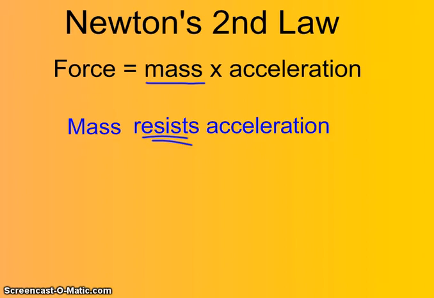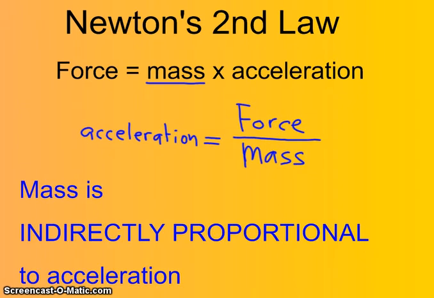Newton's second law. Mass. Mass relates to inertia, we said, and it resists acceleration. If we rearrange Newton's second law and write it as seen here, we see that force is divided by mass, and that would give us acceleration.